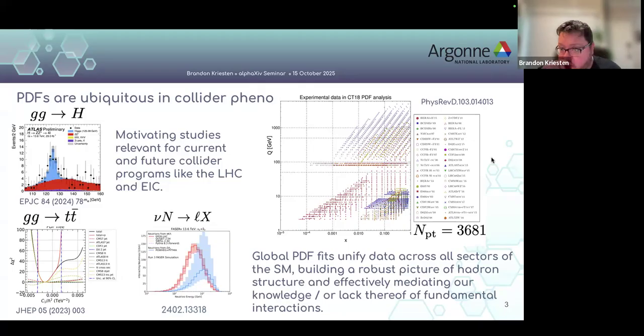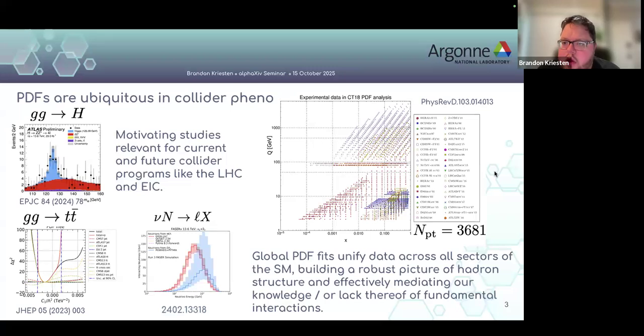And so we think about global phenomenological fits of parton distribution functions as building a robust picture of hadron structure, because what we do is we try to touch every sector of the standard model. For instance, I show the data which the CTEQ fitting group has fitted against, and each one of these experiments touches all sectors of the standard model, including electroweak precision experiments across all different x ranges and energy ranges.